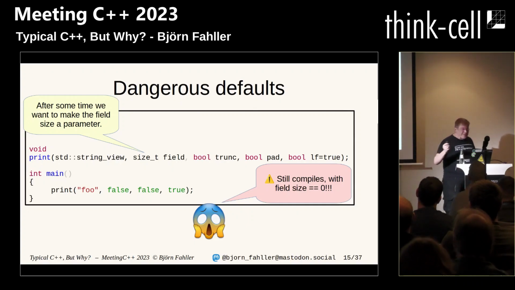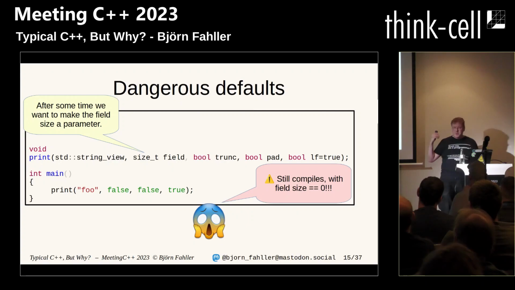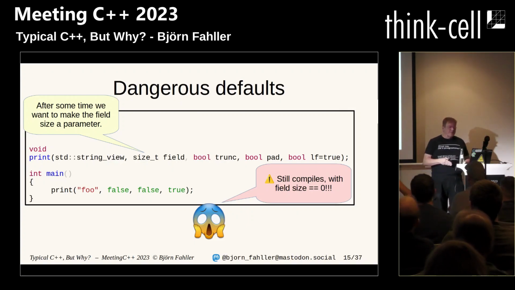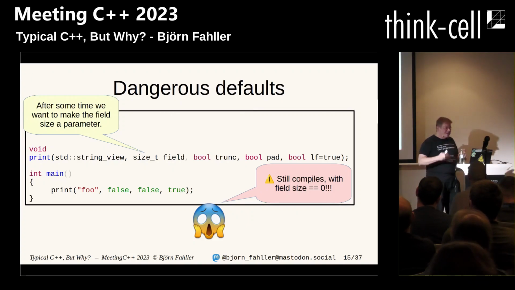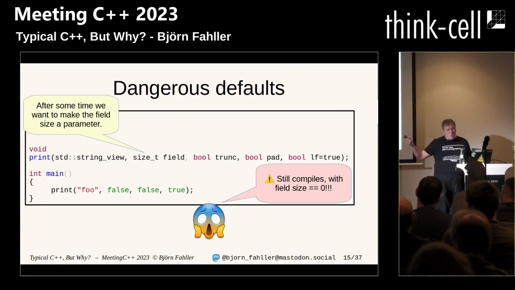No compiler that I've tried this with warns about it, because bool is an unsigned integral type, and its value space is strictly within the value space of size t. So in terms of the language rules, this is a perfectly safe conversion. So this calls print with foo, a size of 0, truncate being false, and pad being true, and line feed is true by default.